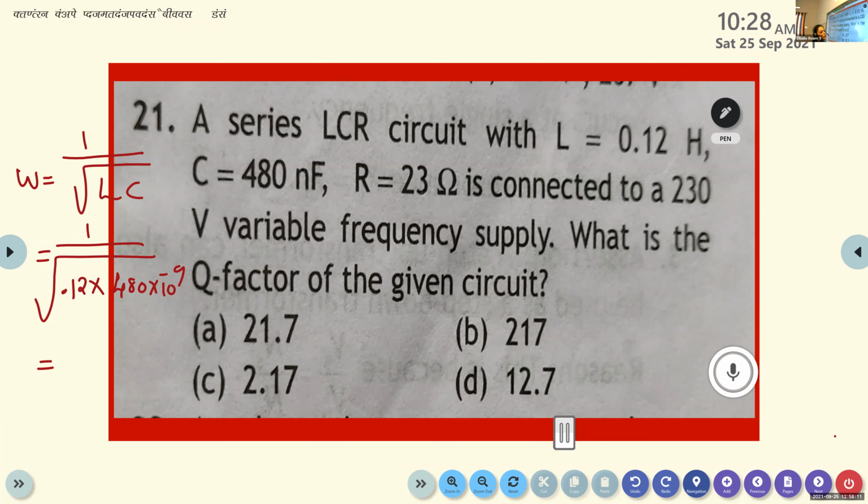Emmanuel, did you get the answer? Value of omega? No, ma'am. Doing. Okay. I got 48 into 10 raised to minus 6 root 5. 48. Yes, ma'am. Okay.